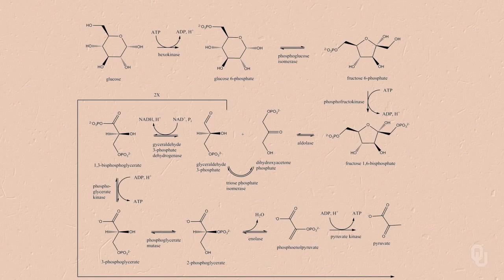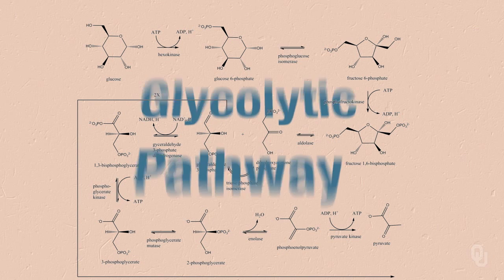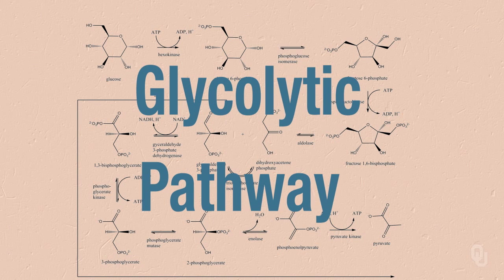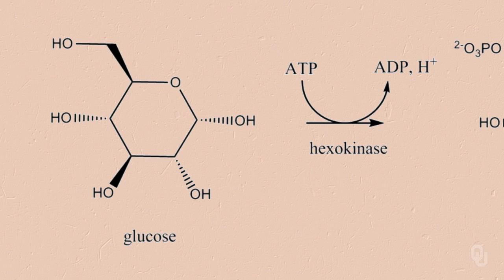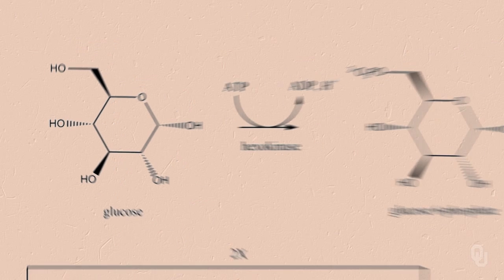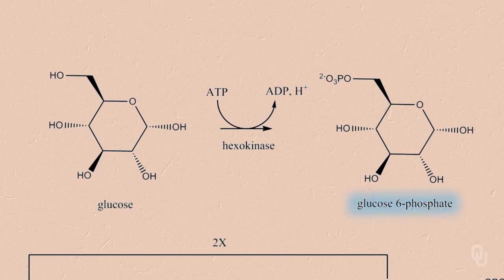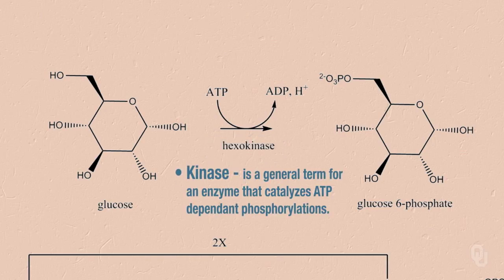Shown in the diagram is the entire glycolytic pathway, as it is sometimes referred to. If we look at the upper left-hand corner of our diagram, we see that we start with glucose. Now the first reaction converts glucose to glucose 6-phosphate. This reaction is catalyzed by the enzyme hexokinase.